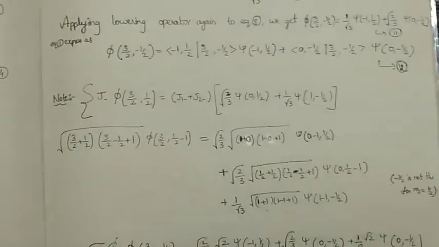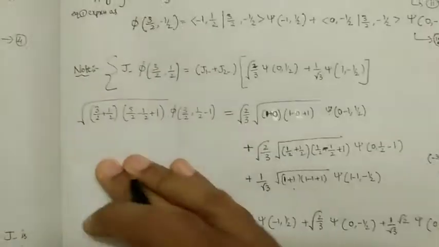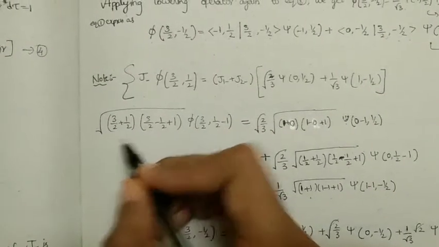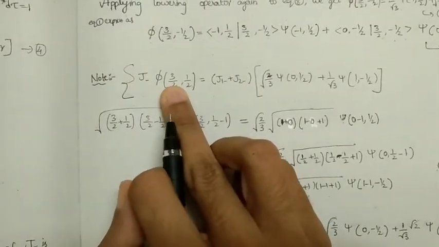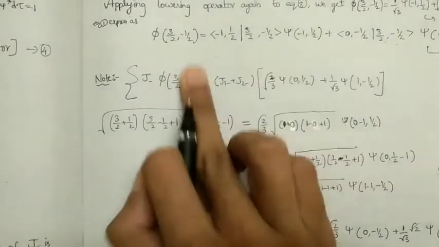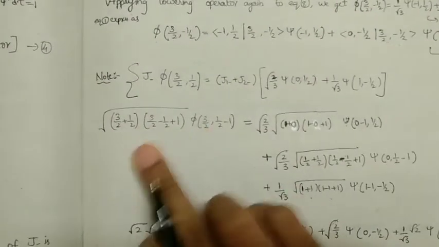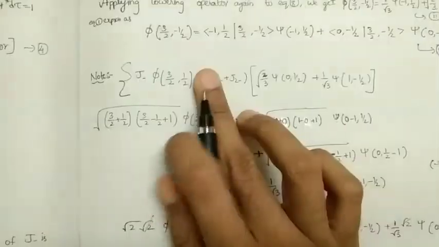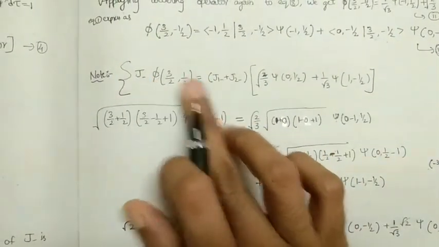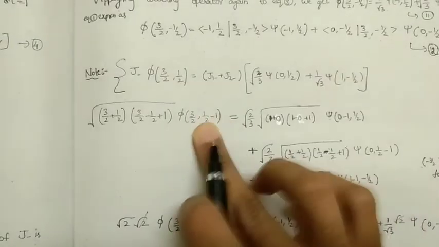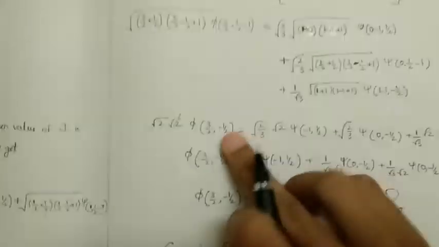Now let's see how to solve this. Applying the same formula, root of (j plus m)(j minus m plus 1), here we have j value 3 by 2 and m value half: 3 by 2 plus half, and 3 by 2 minus half plus 1. It would reduce the value of m by 1, so half minus 1 gives minus half.